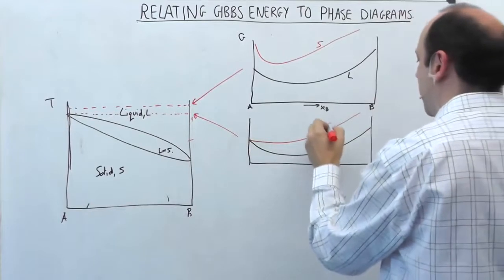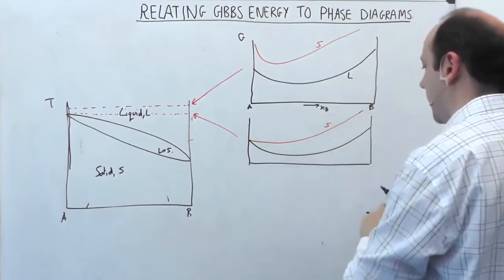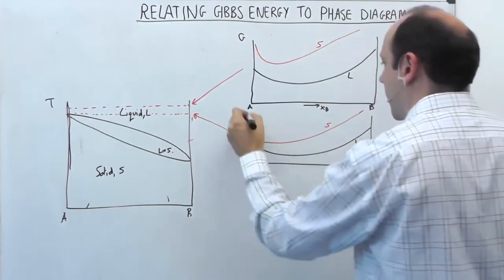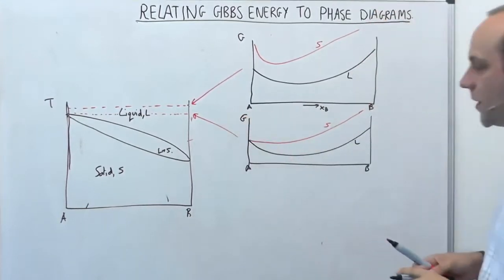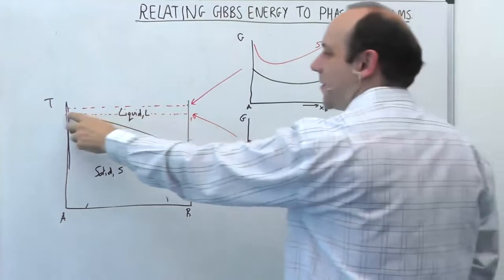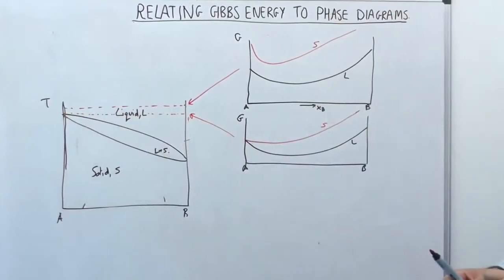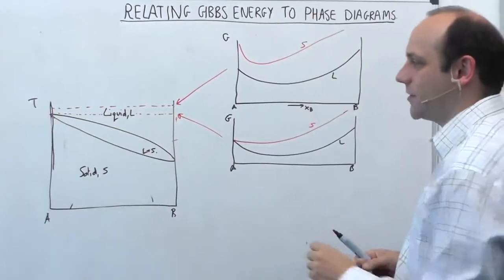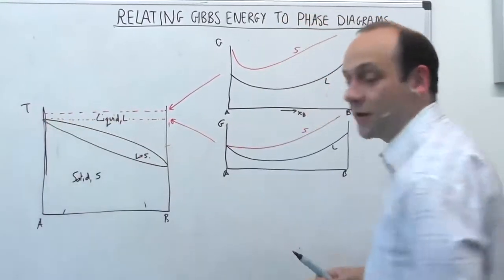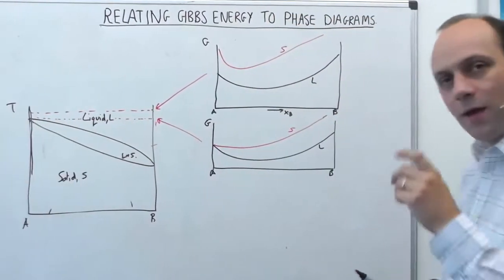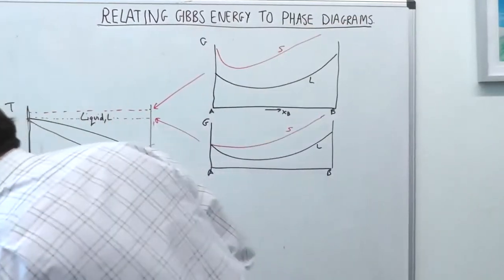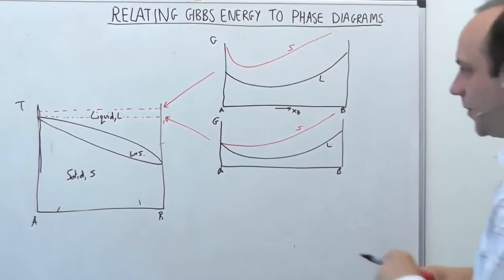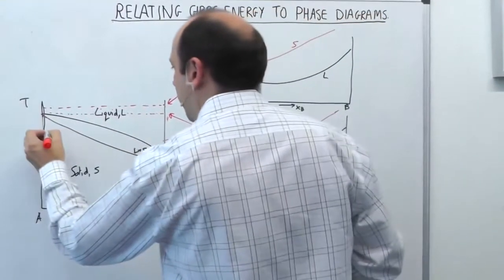That's the solid and liquid going from pure A to pure B for Gibbs energy. They have the same energy at only one point, because we're just at that transition for pure A from liquid to solid at a single temperature. When we go down a little further into the two-phase region, something interesting happens, which we'll need to explore a bit further.